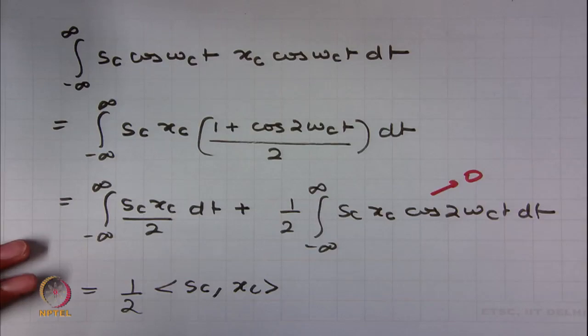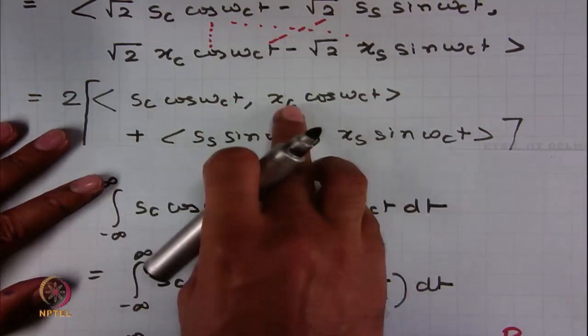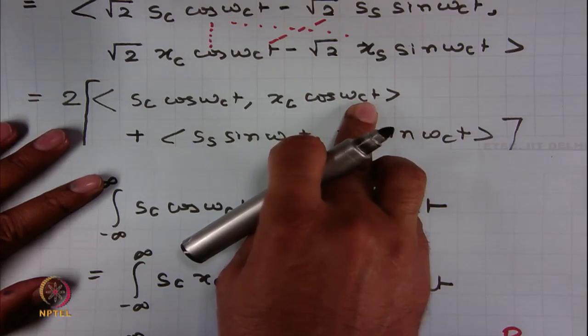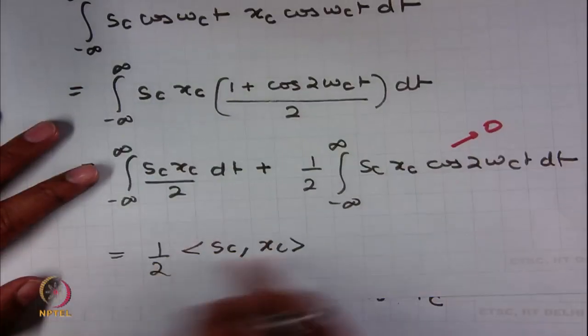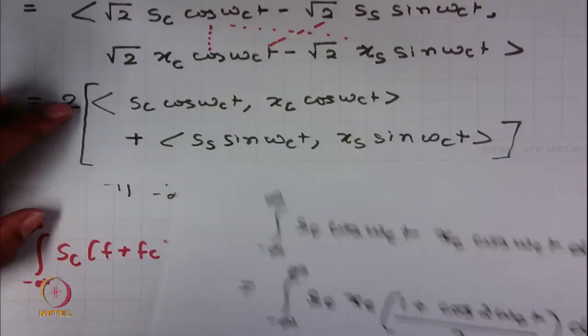So, what I can write using this idea is that the inner product of SC cos omega CT and XC cos omega CT is nothing but half times the inner product of SC with XC, and there is already a 2 here.